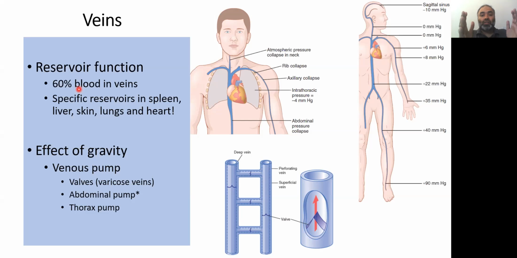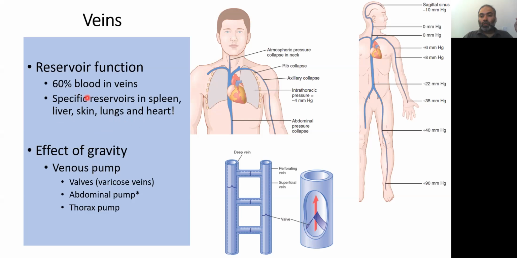But now the body is in stress, as an example, and the sympathetic nervous system has constricted the veins, and hence pushed the fluid out of that resting situation into the heart, and so on and so forth. So that's that. There are liver, skin, lungs, and heart. They also function as specific, small reservoirs of blood.